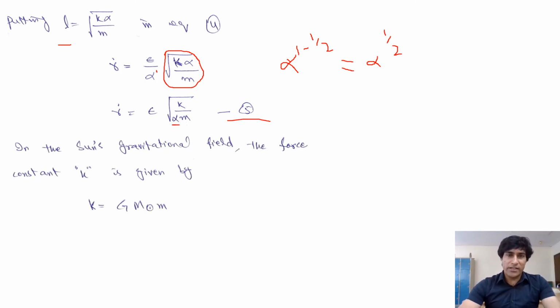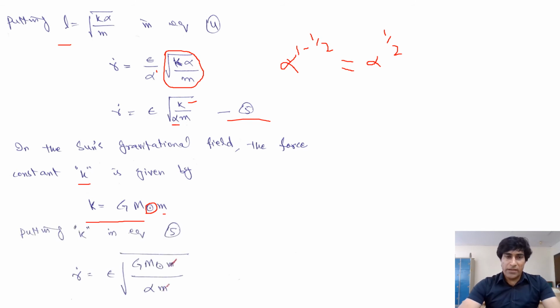In the sun's gravitational field, the force constant k, because we are dealing with k in equation 5 here, is given by k equals capital G M. This is for the sun. We can also write a subscript S here, but in your book it is written like this. This capital M is the mass of the sun, and this is the small m.